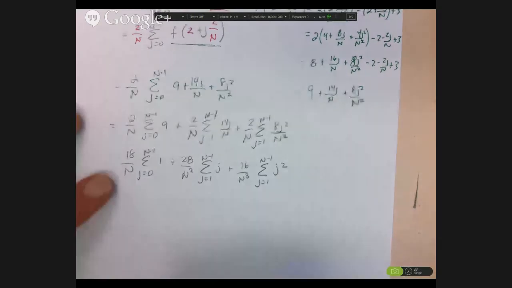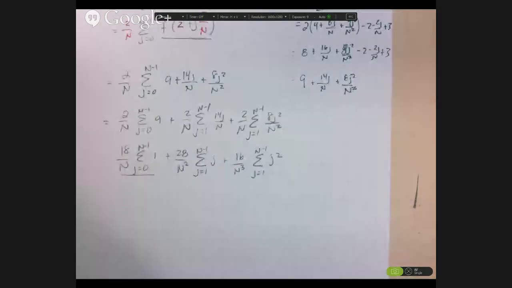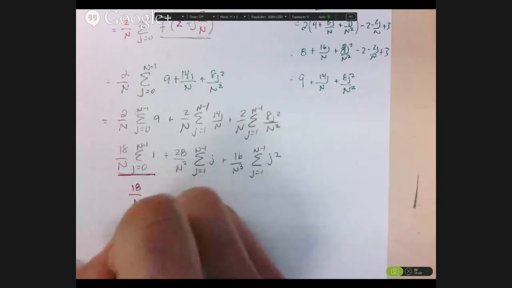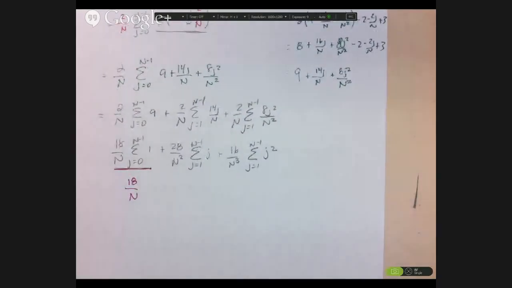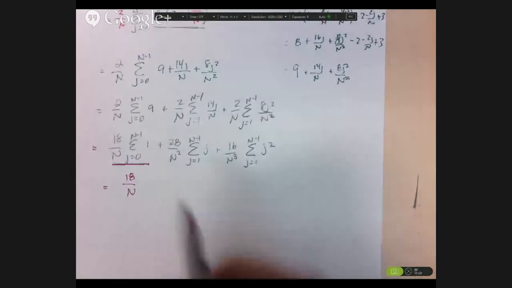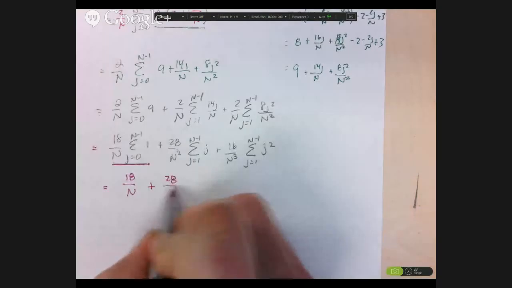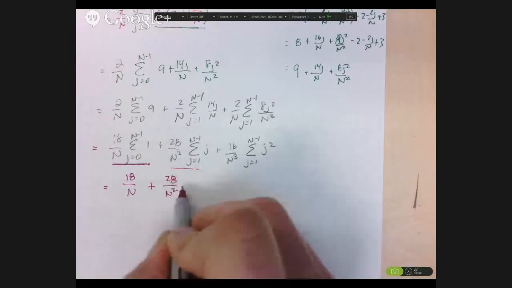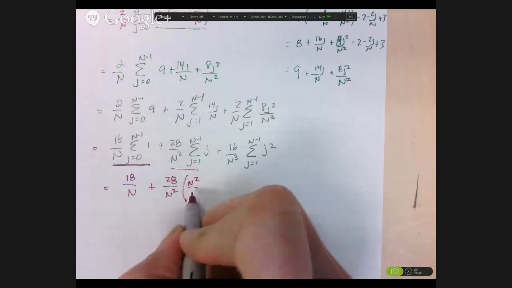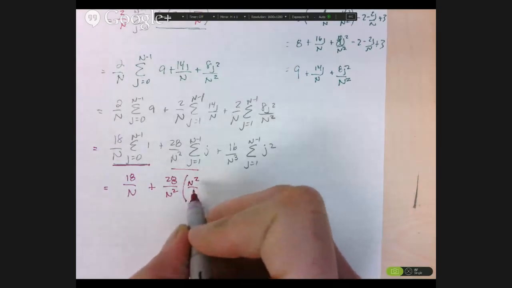Okay, this here is just 18 over n. This one, what's the formula for the sum of j? n squared over 2 plus n over 2.